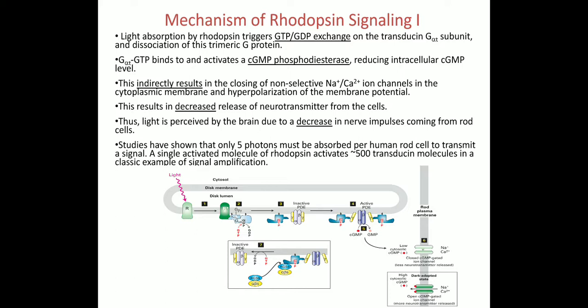Relieved of their inhibition, the alpha and beta subunits convert cyclic GMP to GMP. The resulting decrease in cytosolic cyclic GMP leads to the dissociation of cyclic GMP from the nucleotide gated channels in the plasma membrane, closing the channels. The plasma membrane then becomes transiently hyperpolarized.